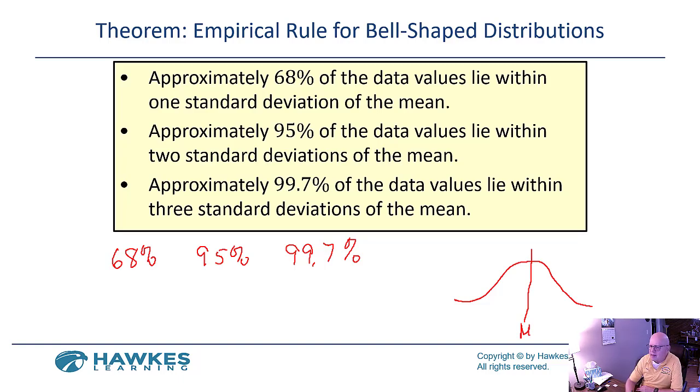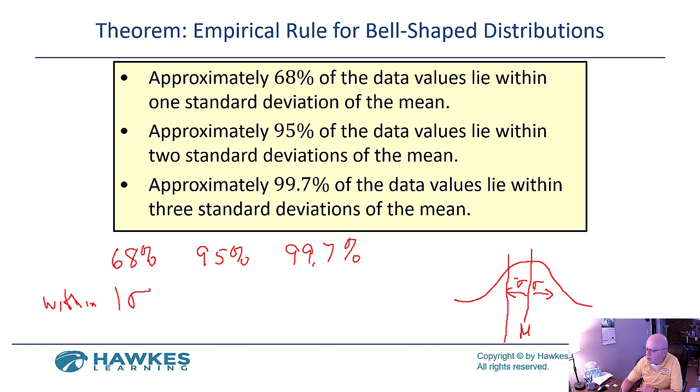This says 68% are within one standard deviation. On the picture, what does that mean? Well, whatever the standard deviation is, go to the left one standard deviation and go to the right one standard deviation.